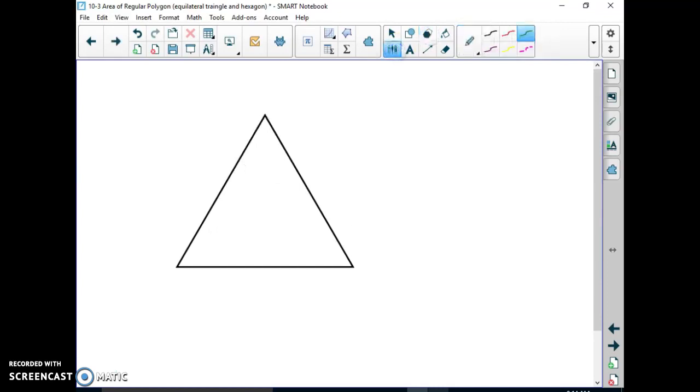remember, in an equilateral triangle, all of these sides are congruent, and 180 divided by 3, you should hopefully know that all of these angles are 60. The formula that we used before would also work. This time, I'm going to draw in my radius and my apothem.